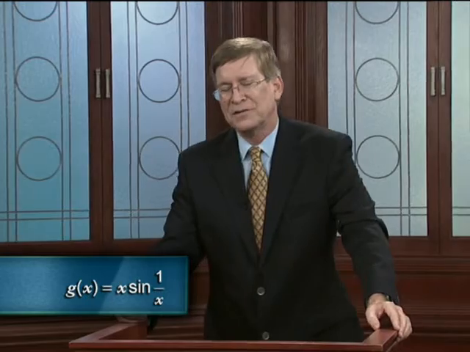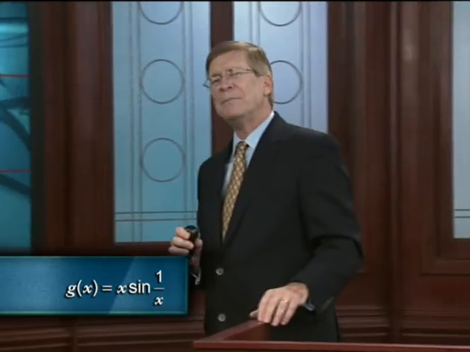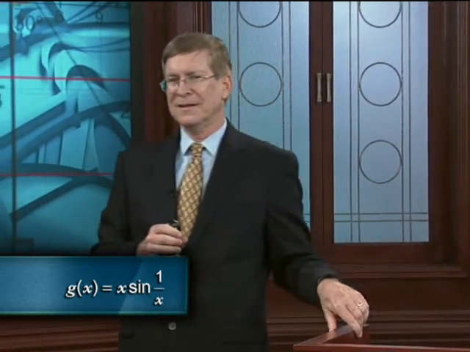But before I do, let me modify that function. Let me put an x in front. So now it's x sine 1 over x. What do you think is going to happen now when I graph it? Sure, the sine part's going to go up and down, go crazy as you get nearer and nearer to the origin, but there's an x in front.